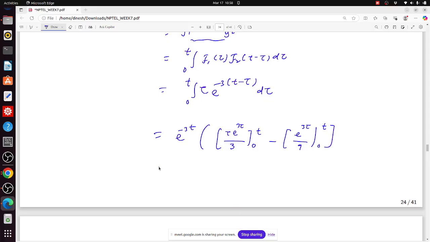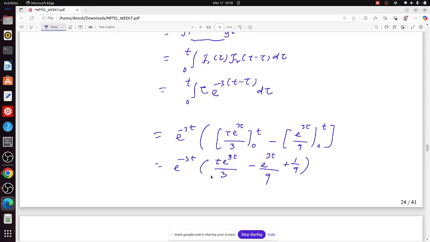Next we will solve this by substituting the limits. This will be t e power 3t by 3 minus e power 3t by 9 plus 1 by 9.